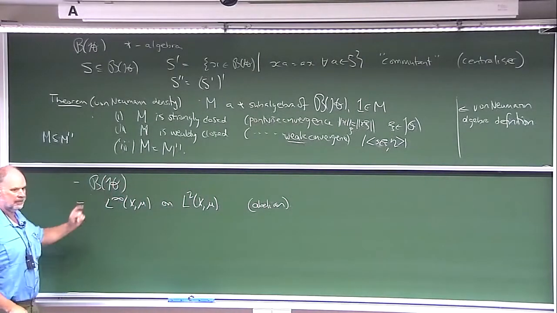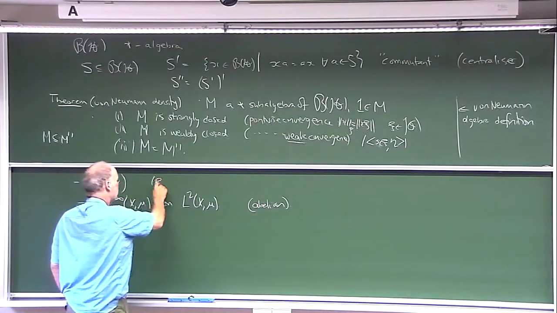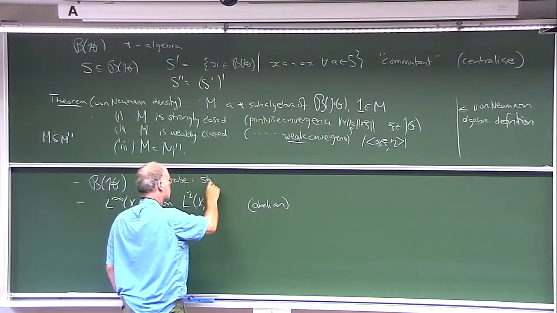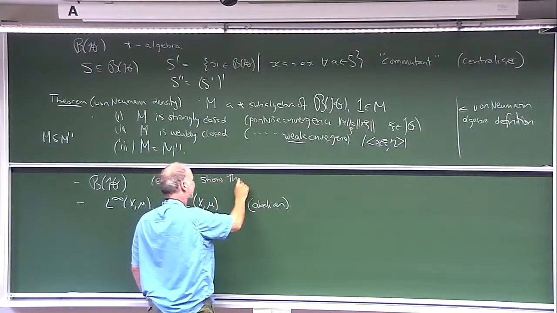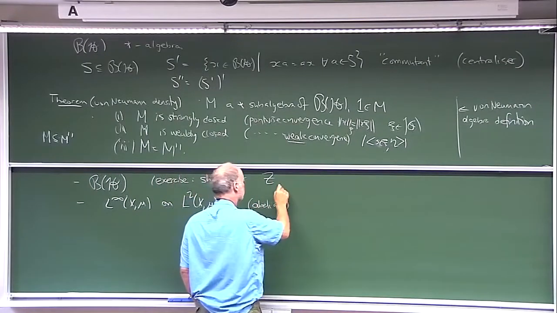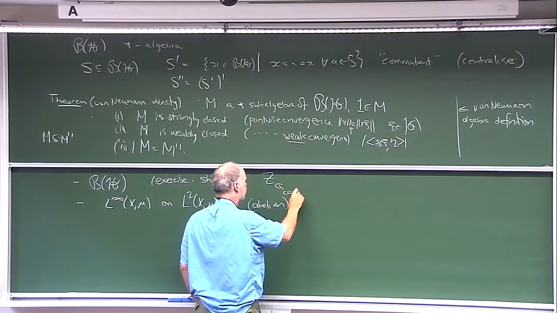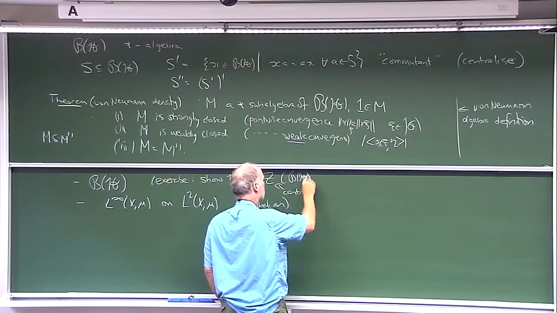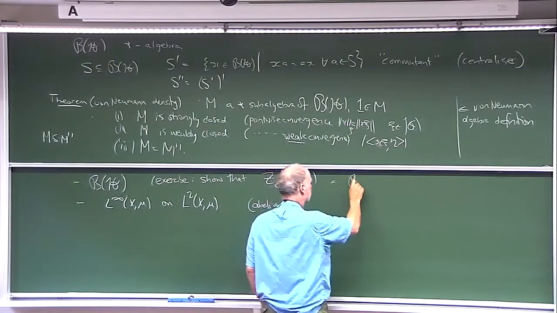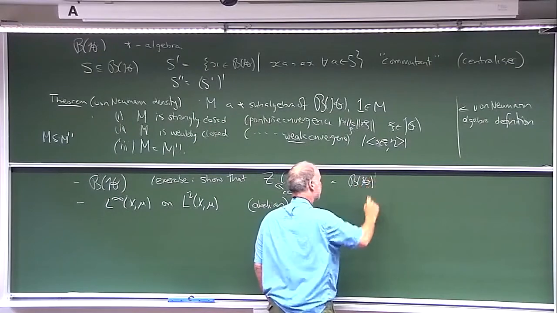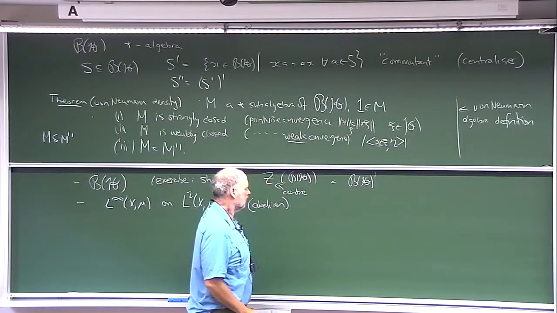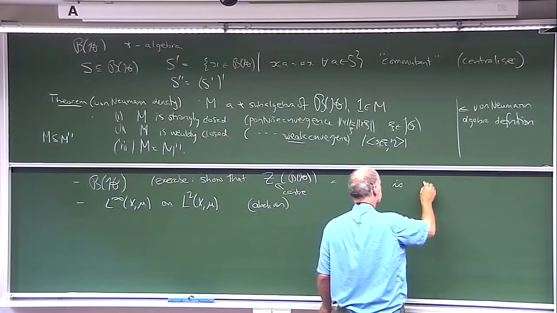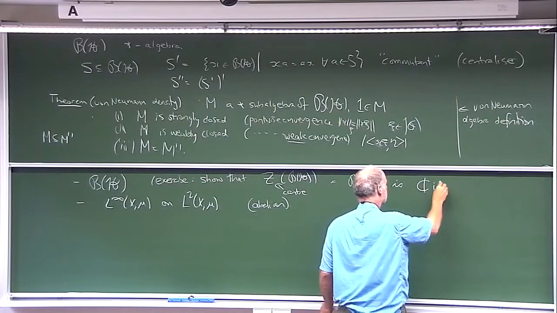It's an exercise. Show that the center of B(H), which in this case is also the same thing as the commutant of B(H), is C times the identity.